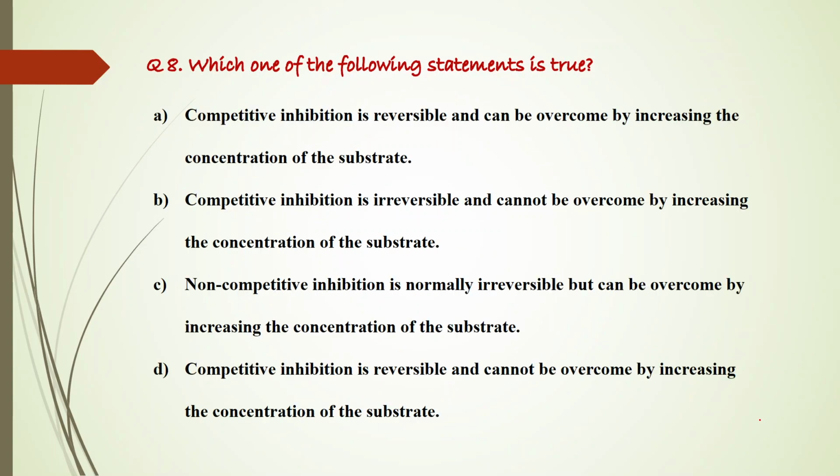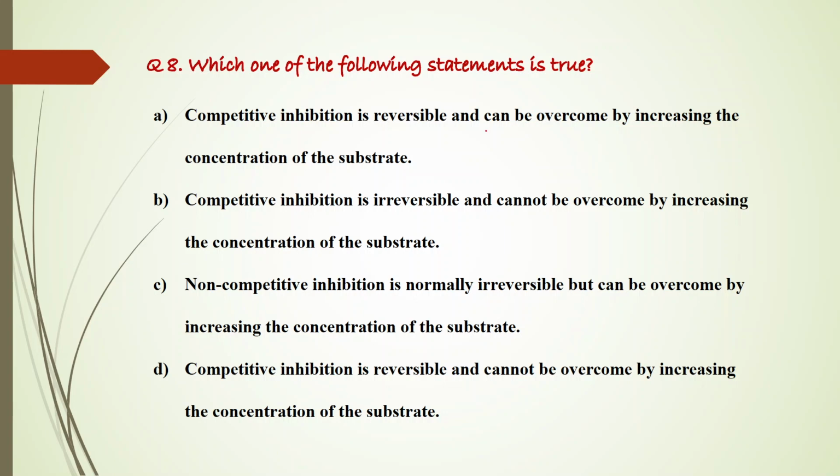It states which of the following statements is true. So let us look at them. The first one is competitive inhibition is reversible and can be overcome by increasing the concentration of the substrate.